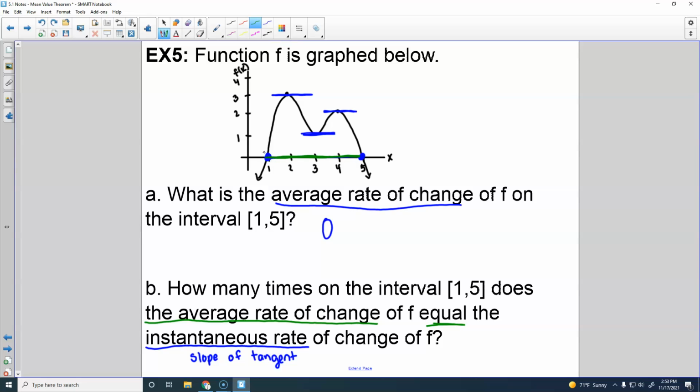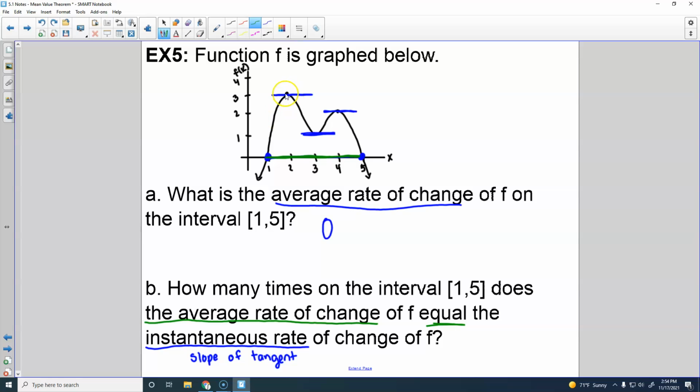Yeah, I got that. But I'm confused on why instantaneous is 0 and the instantaneous at 1 looks like it goes. So instantaneous at 1 is a positive slope. Right. So what we want to know is how many times on this graph do we have another slope or tangent line that would be horizontal here.